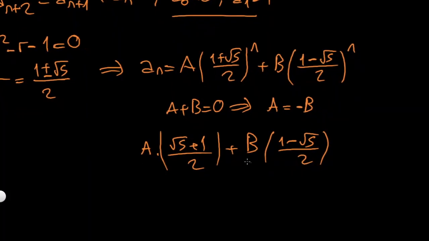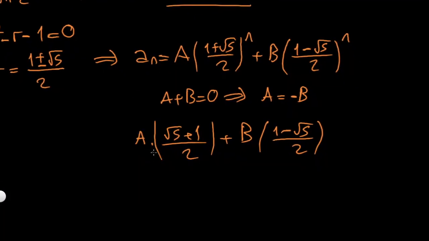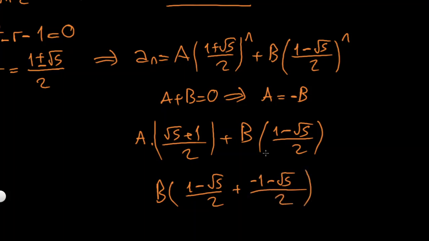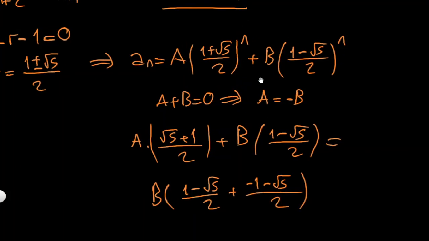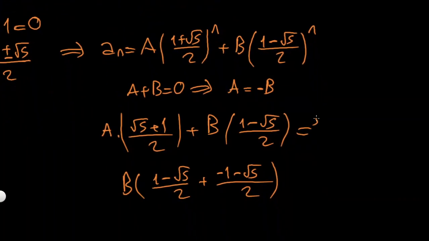So here, if I just substitute a equal to minus b, I will get in b parentheses this thing, 1 minus square root of 5 over 2. And this will be just multiplied by minus. So this will be plus minus 1 minus square root of 5 over 2. And this is going to be equal to 1 because a1 is 1.